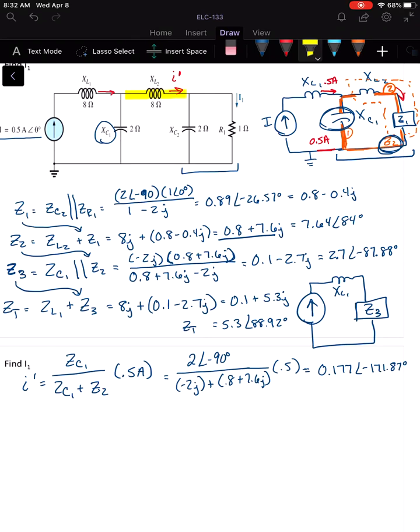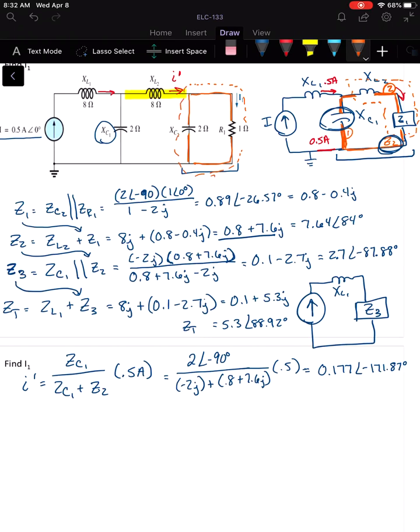Now, what happens at this point is we have another current divider. This time, branch 1 would be here, or 2, it doesn't matter which, and the other branch is over here through the resistor. So this would be my current divider out here.